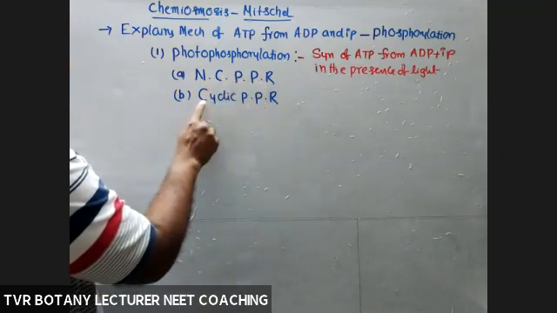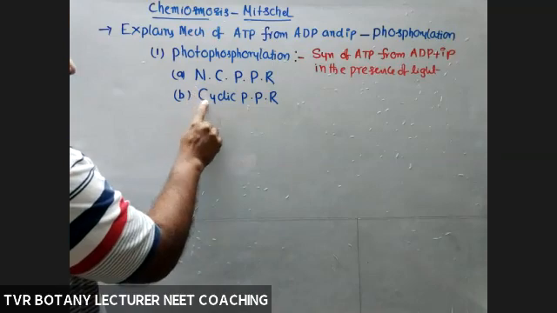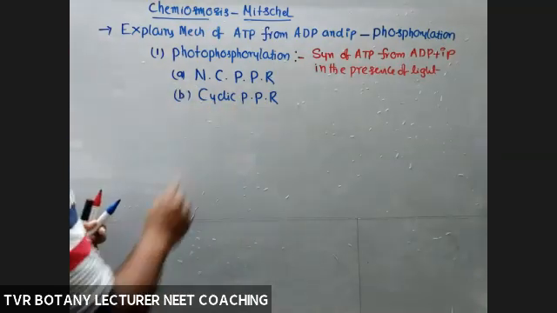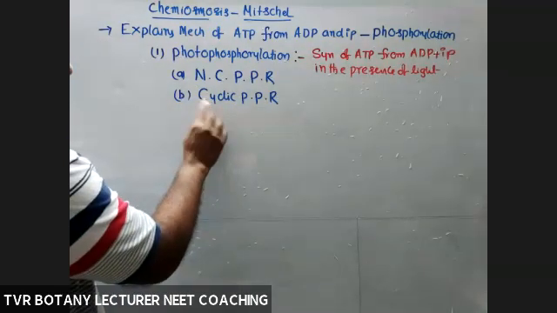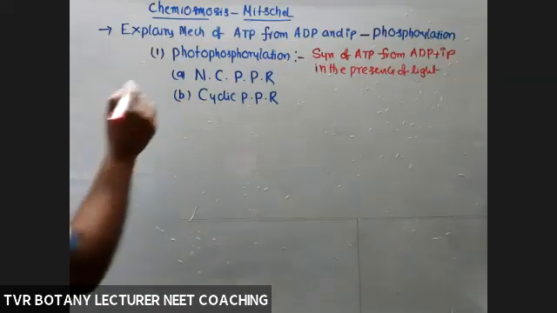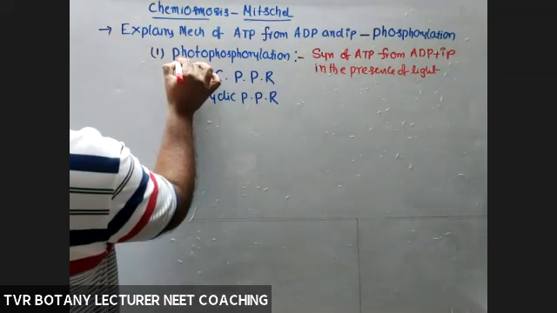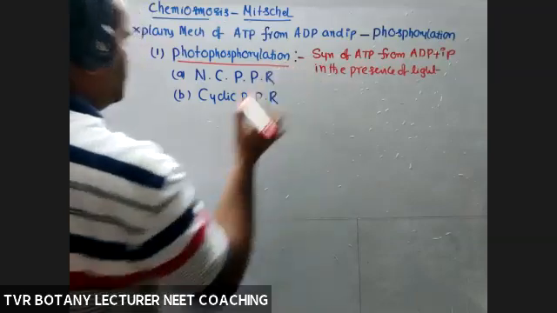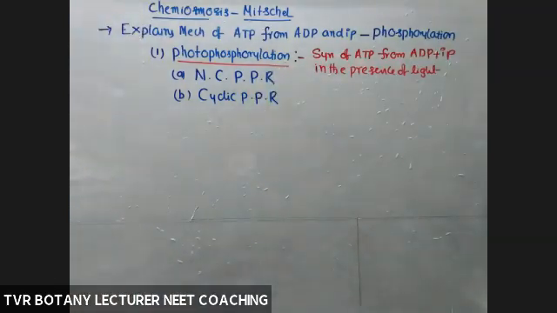If it is by means of a cyclic one, cyclic photophosphorylation. We have to study this one. Leave it, don't worry. So overall, Peter Mitchell's chemiosmotic mechanism is concerned with the study of synthesis of ATP during light reaction in the presence of light.